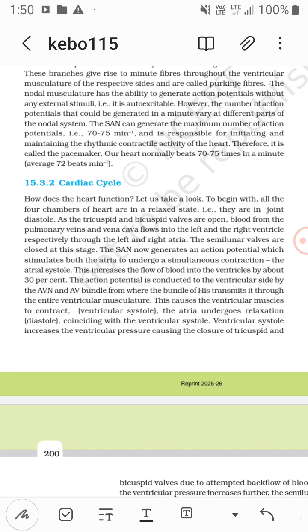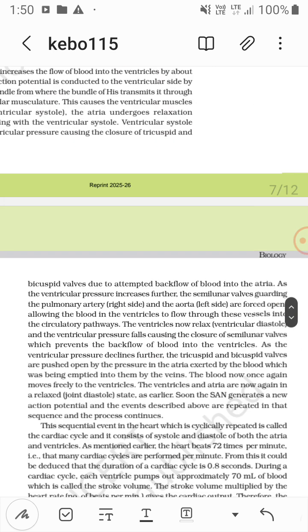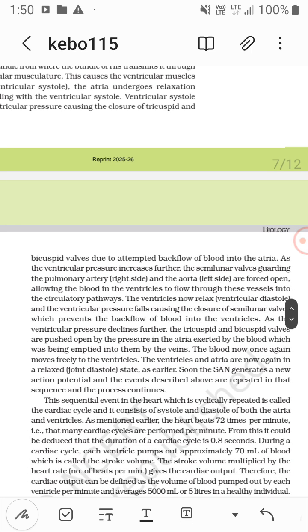Then there is atrial contraction, then ventricular systole and atrial relaxation, that is diastole, coinciding. And the last step is ventricular diastole.